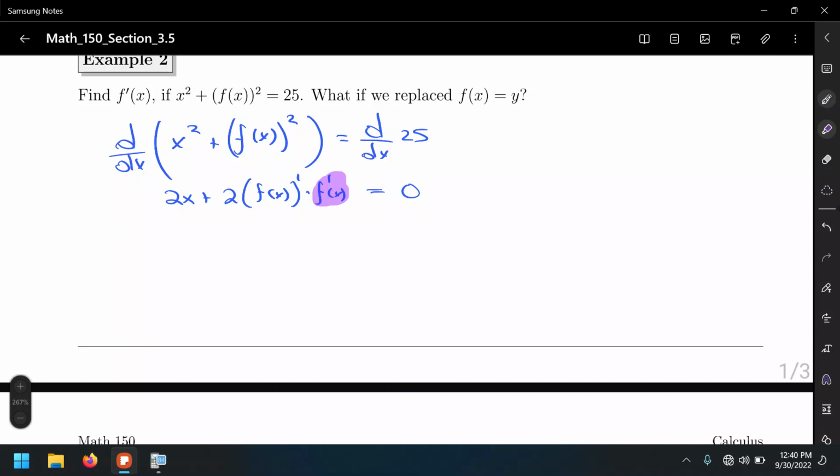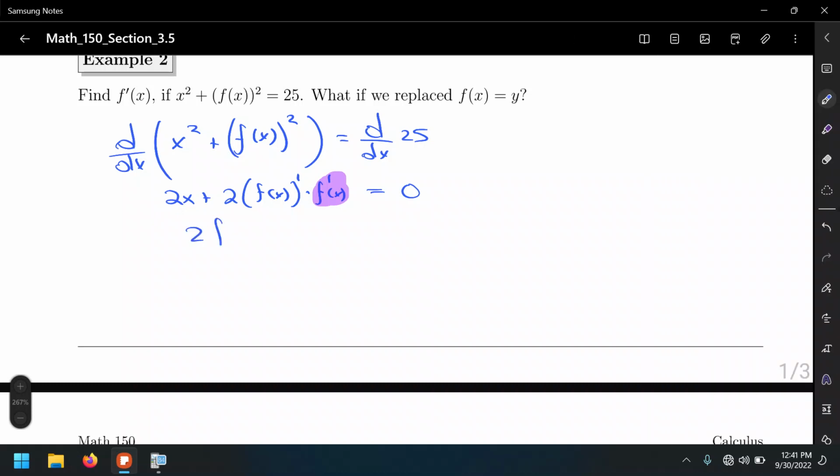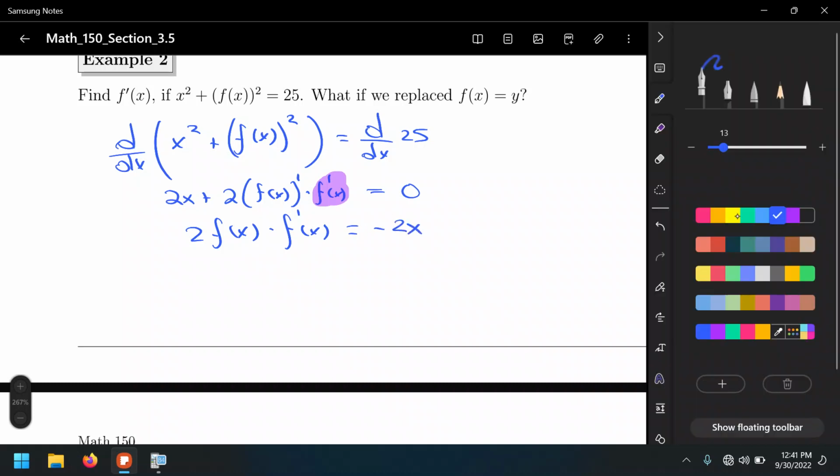All right, so I'm going to subtract 2x on both sides. That's going to give us negative 2x, and then I'm going to divide both sides by 2f of x.